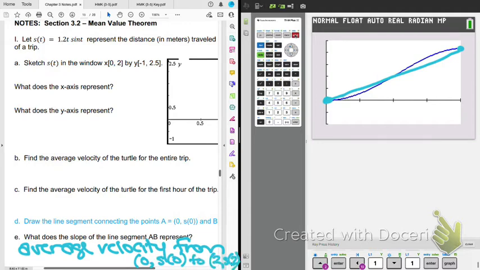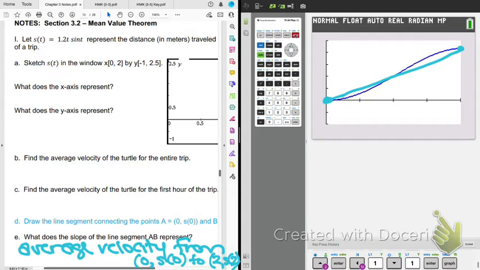Now, here's the tricky part of this and where we're actually going with the mean value theorem. We're all okay with average rate of change, average velocity. All of this stuff is not new to us. On the graph, the next thing we want to do is draw a line tangent to your curve where you think that line would be parallel to this one.